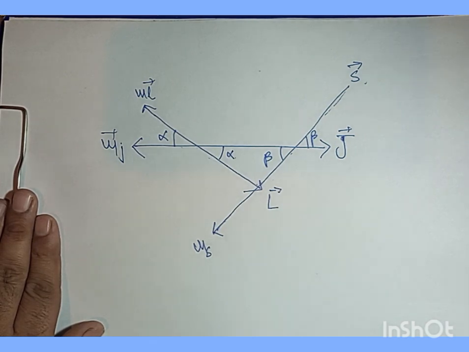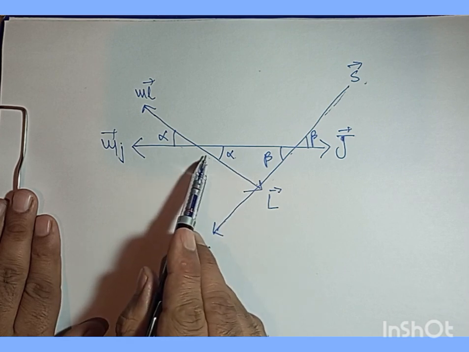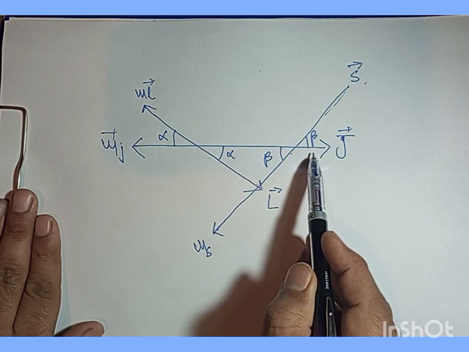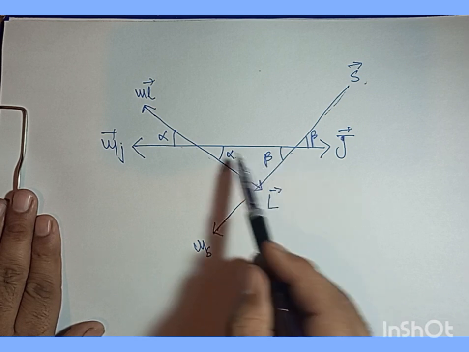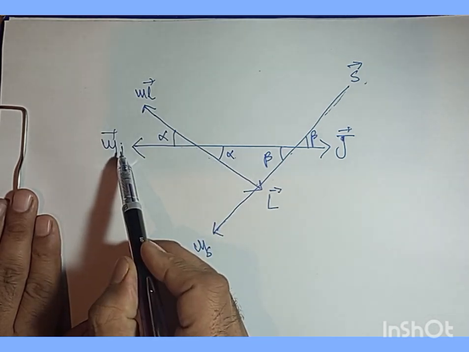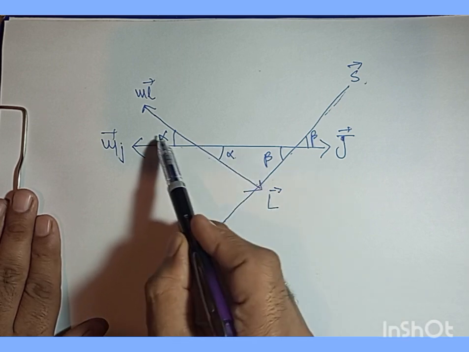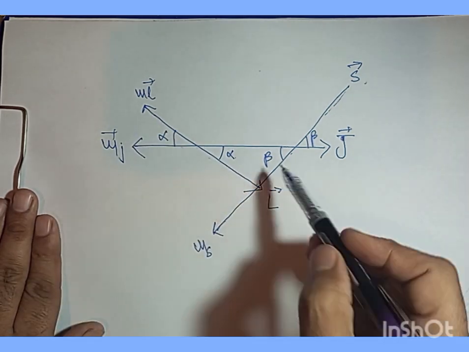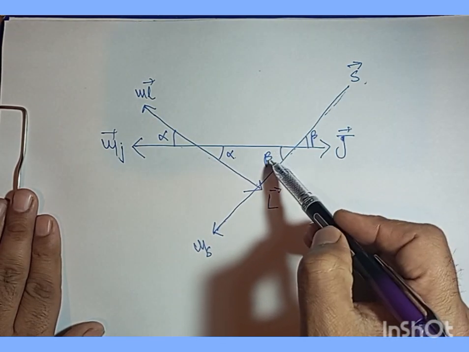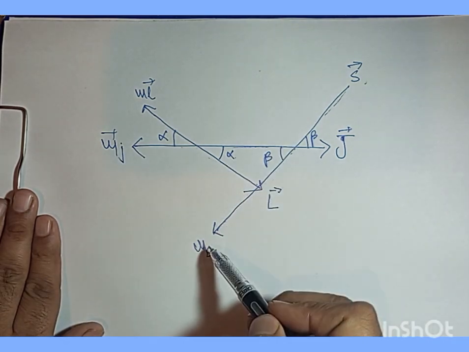So alpha is the angle between L and J vectors, and we can also say that this alpha is the angle between mu L and mu J. It's one and the same thing. So alpha is the angle between J and L, and the angle between mu L and mu J. And beta is the angle between S and J, and at the same time this angle beta is the angle between mu J and mu S.